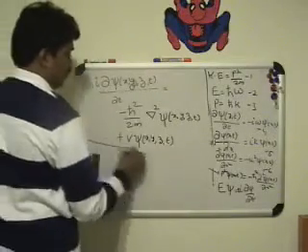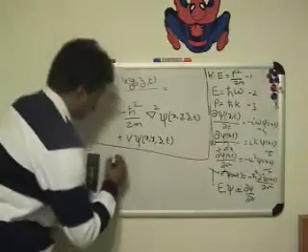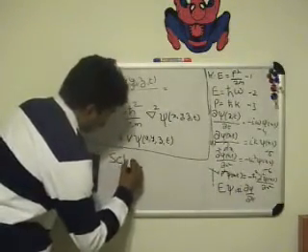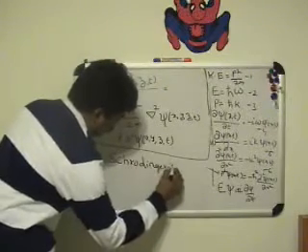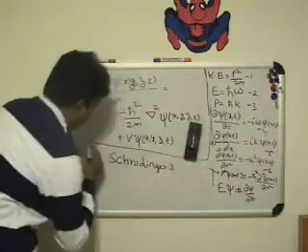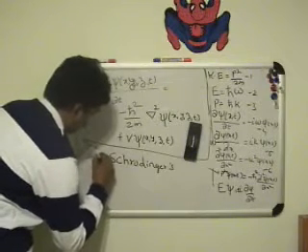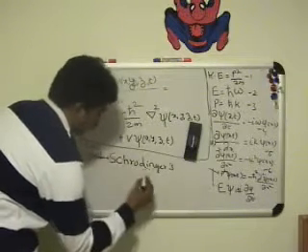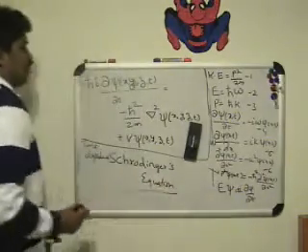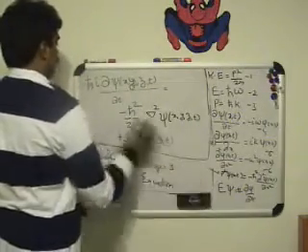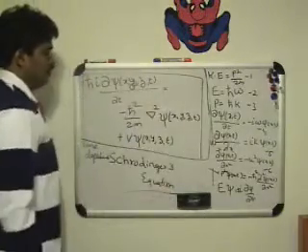So this is the Schrodinger's equation. This is the time dependent Schrodinger's equation.